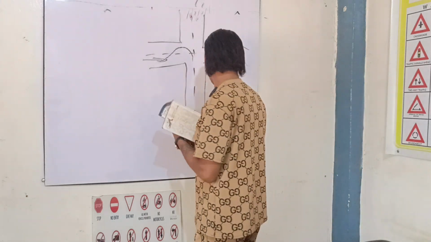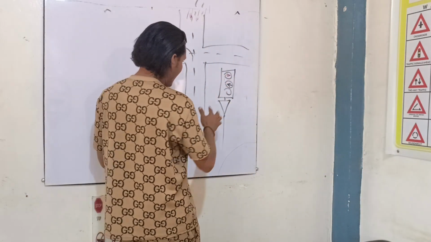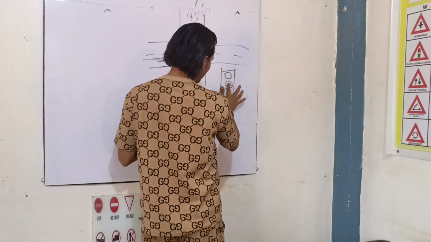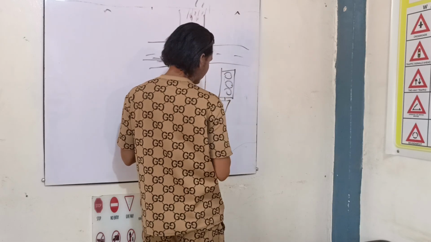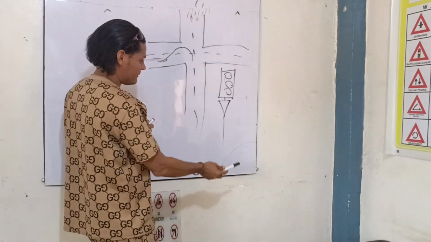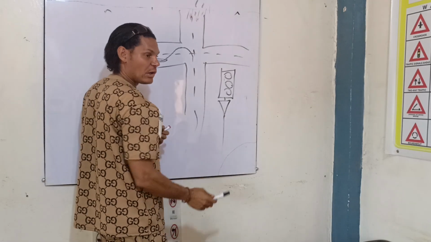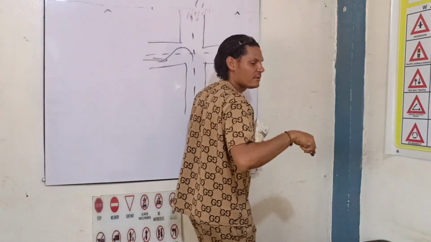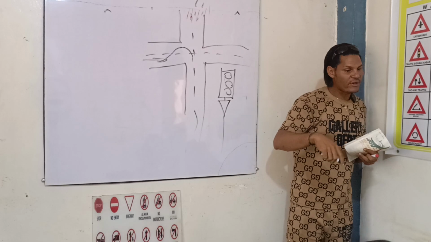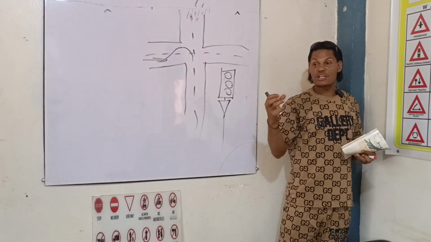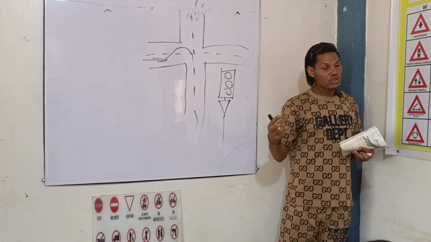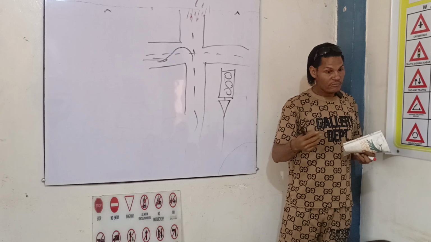If the light is flashing, you obey the sign that is under the traffic light. If the amber light is flashing, it may mean that it's faulty, and only the amber light keeps flashing.